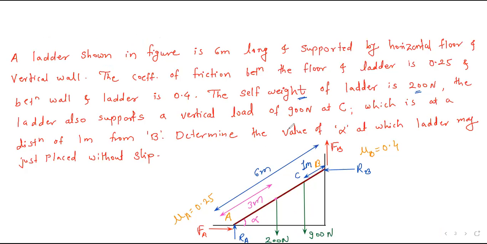Now next, if I extend the line of action of RB, this is the line of action of RB. What is the perpendicular distance of RB from point A? Total is 6 and this angle is alpha, so this will become 6 cos alpha.